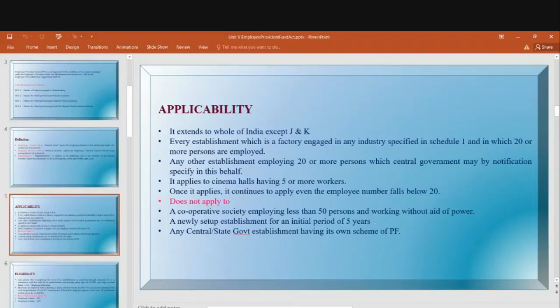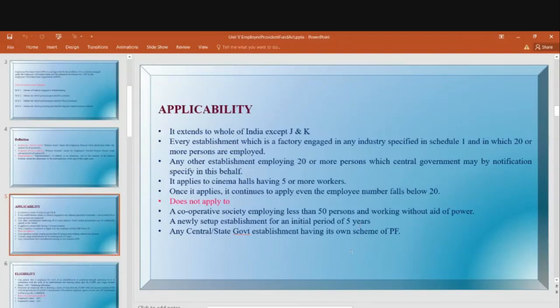So that is with regard to the applicability, and it does not apply to a cooperative society employing less than 50 persons and working without the aid of power. Right? So here any cooperative society which has less than 50 persons is not eligible.